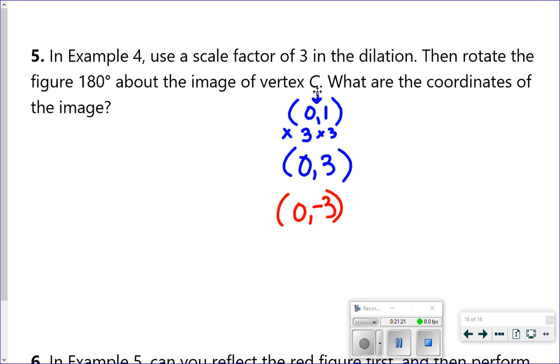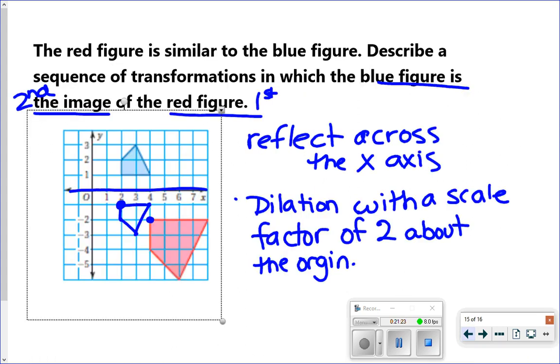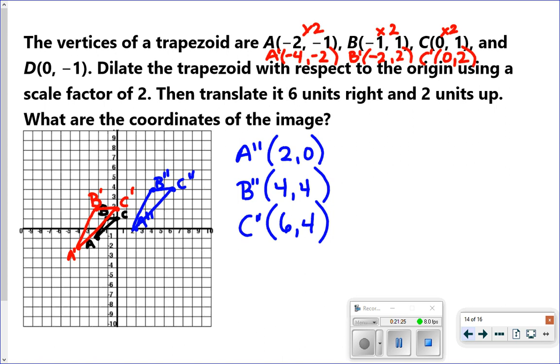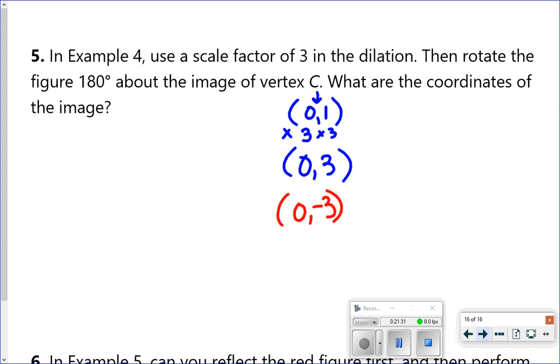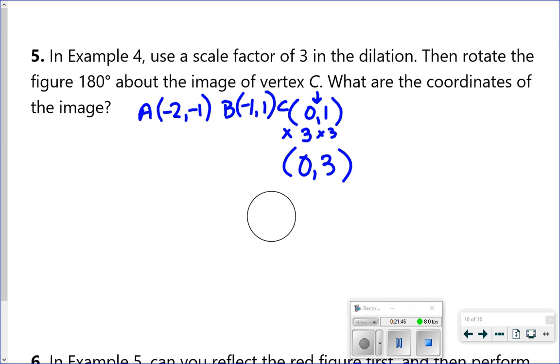So this was C. Let me go back and see what my A and my B was. So A was -2, -1, and B was -1, 1. Okay, so let's see. I had A was -2, -1, B was -1, 1, and then C was at 0, 1. I'm going to erase this one.